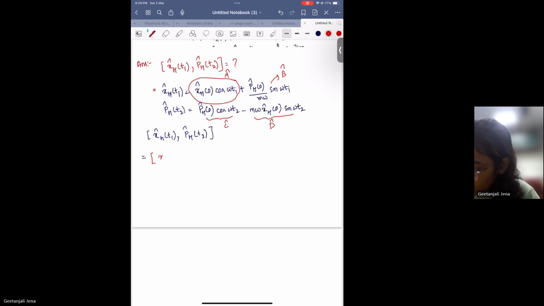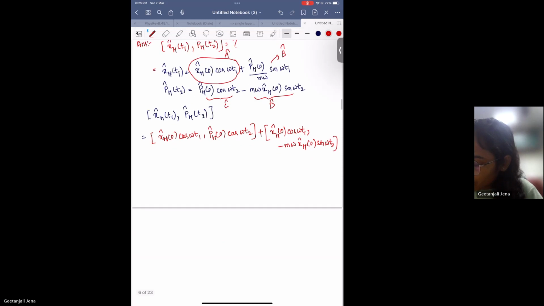This commutation relation is x_S0 cos omega T1 with p_S0 cos omega T2, and A with D, x_S0 with x_S0 sin omega T2, and then D with C, which will be p_S0 by m omega sin omega T1 with p_S0 cos omega T2.